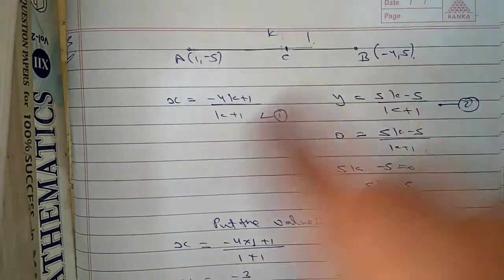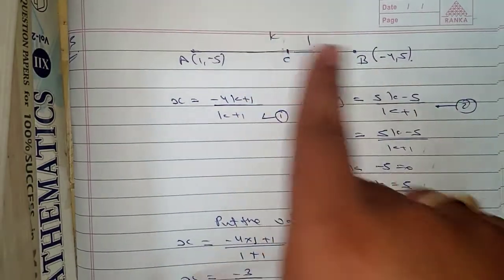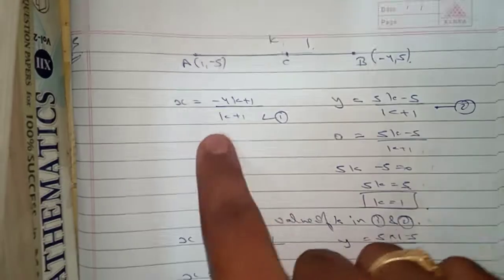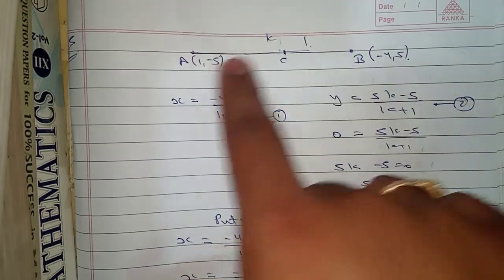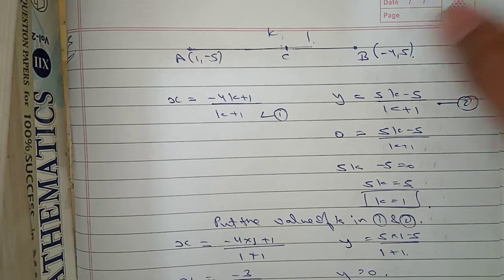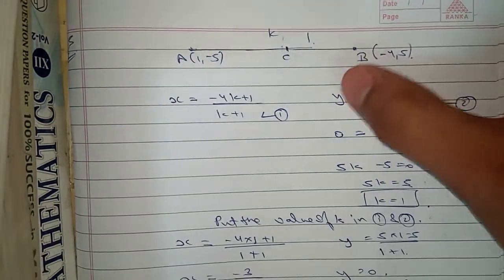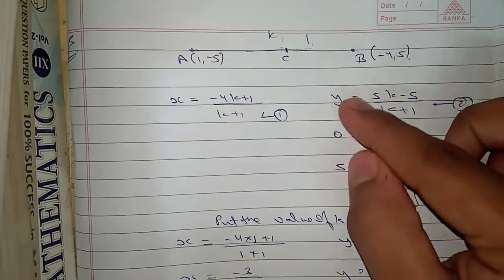So look at that. The x point I find: m1 x2, that is (-4k + 1) divided by (k + 1). This is the x. And y is (5k - 5) upon (k + 1). Now on the x-axis, we don't know the value of x, but we know the value of y. Y is always 0, so I put 0 here.